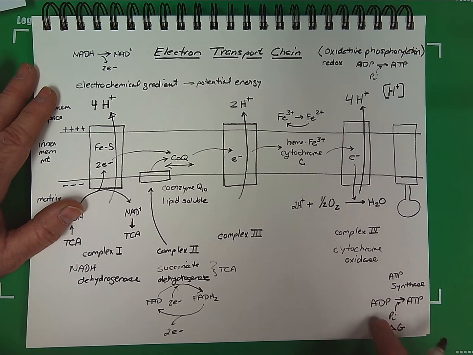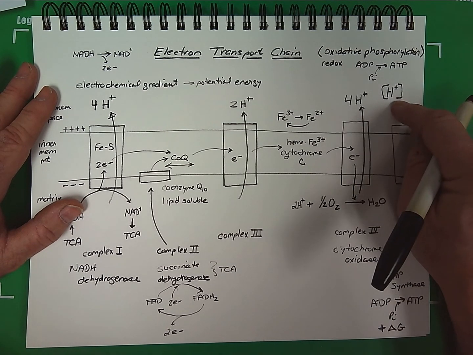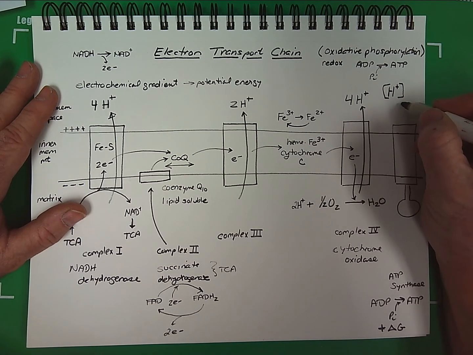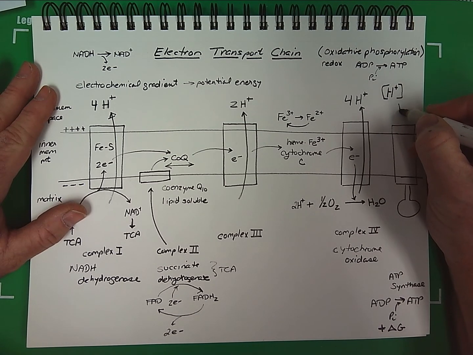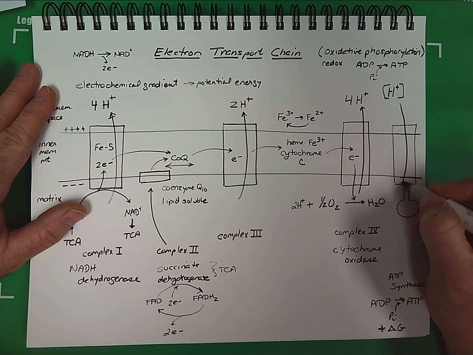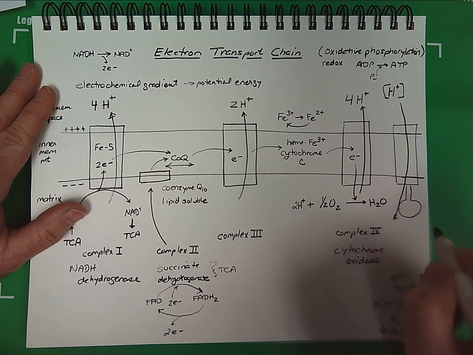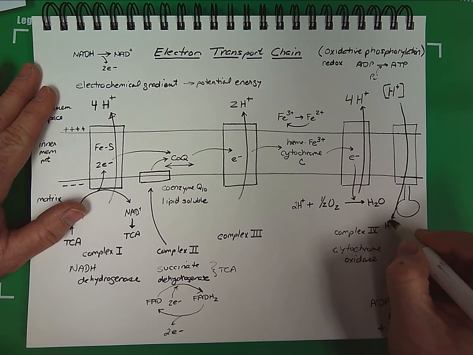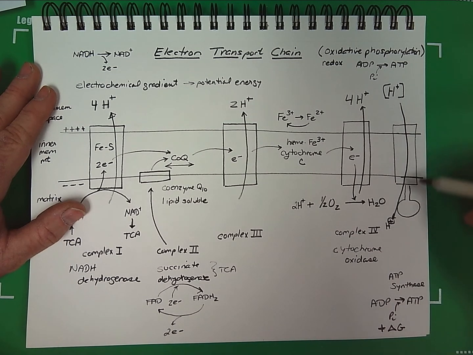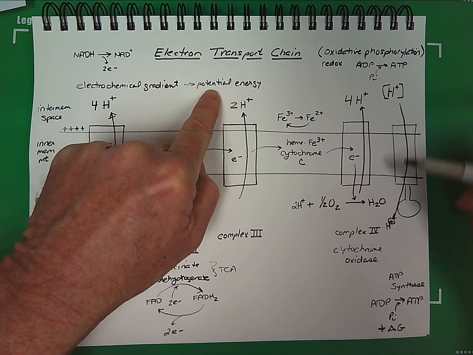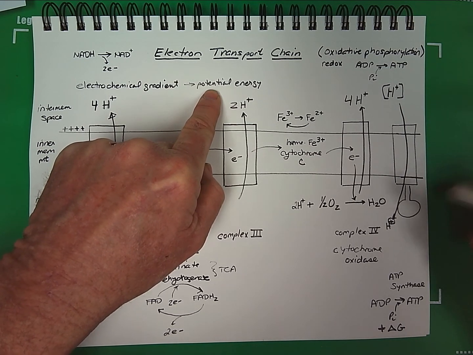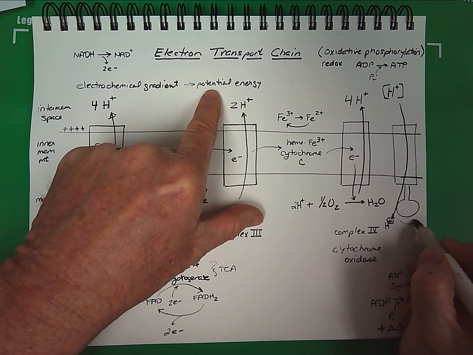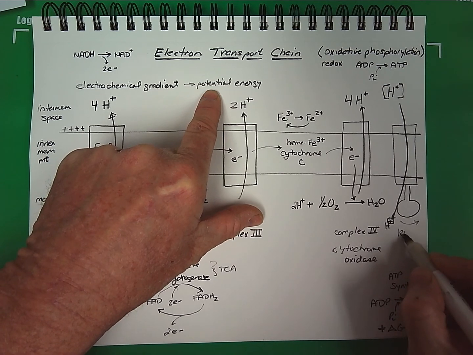The energy that's going to be used is going to come from the gradient. So as the gradient is allowed to dissipate through this complex of ATP synthase, this movement of the gradient, we are losing potential energy by dissipating the gradient. And what we are going to do is turn it into kinetic energy.